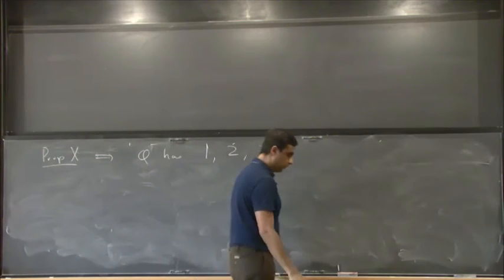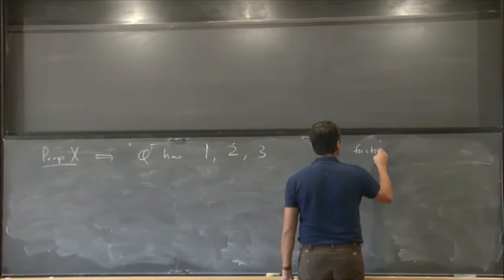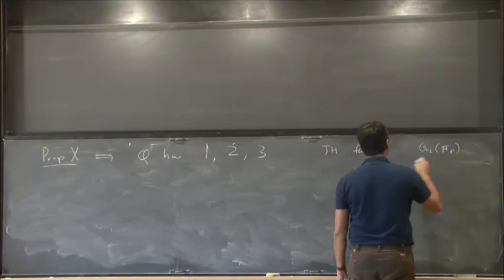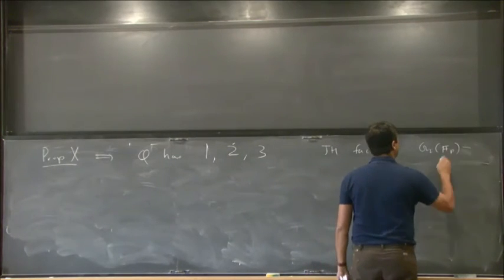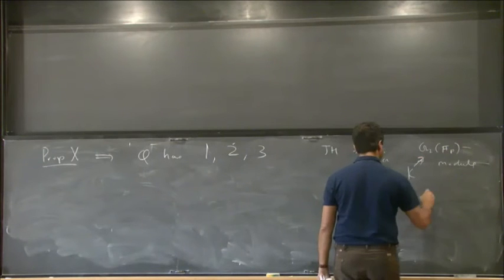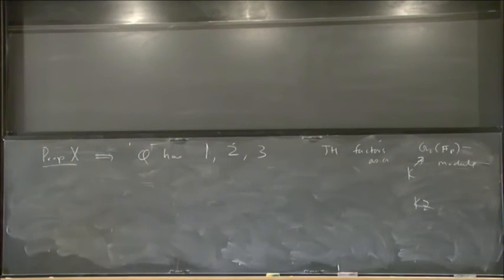So it has 1, 2, or 3 Jordan-Hölder factors. This is all as a KZ module or as a GL2(Fp) module, or as a K module, with Z basically acting trivially.